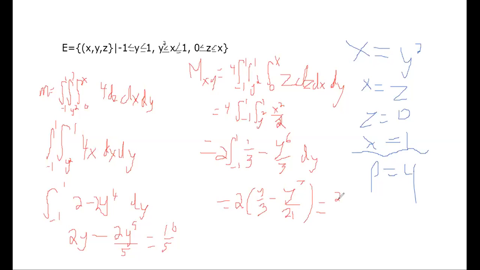So we get 24 over 21. But then our actual center of mass is going to be the moment about the xy axis over the mass. This is, for the record, by the way, the same as 8/7.